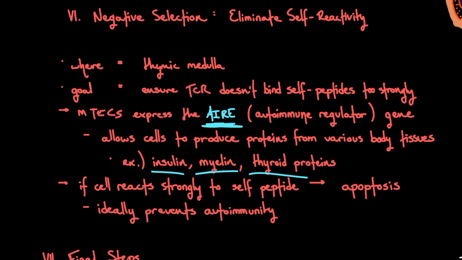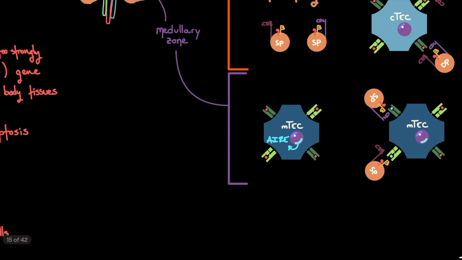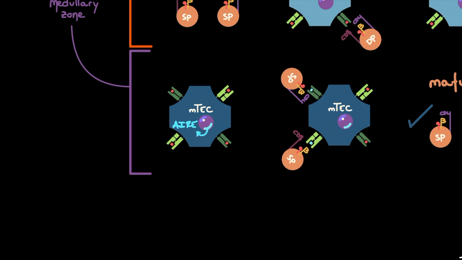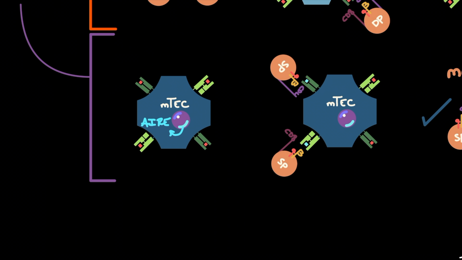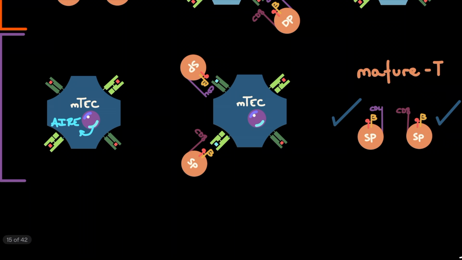The goal with all of this is to ensure that these T cells are not self-reactive. We want to make sure that the antigens that we express here, if it's from our own tissue, cause no reaction. We don't want to have T cells that bind myelin, right?